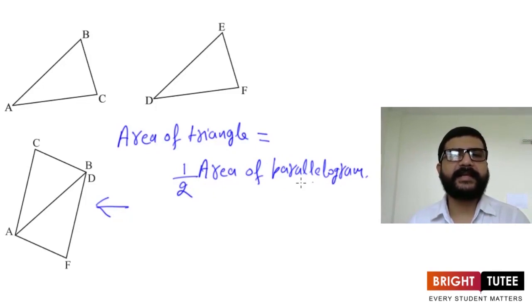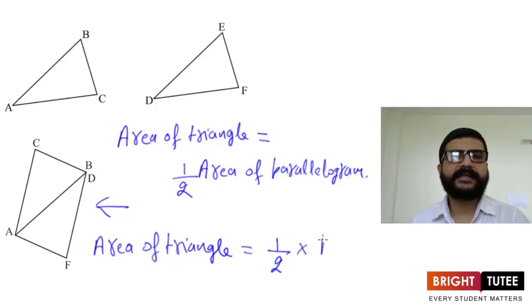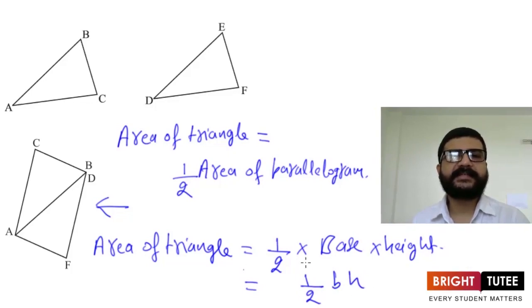Now we know how to find area of parallelogram. Area of parallelogram is base into height. So therefore we will get area of triangle is equal to half into base into height. We write it as half into BH or half BH. This is how we can find area of any triangle, by using the formula half into base into height.